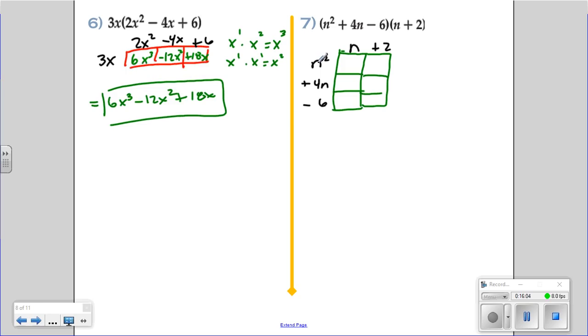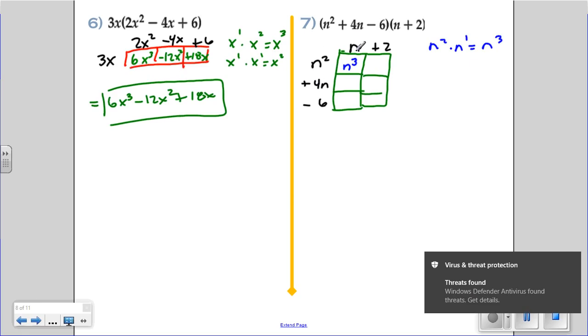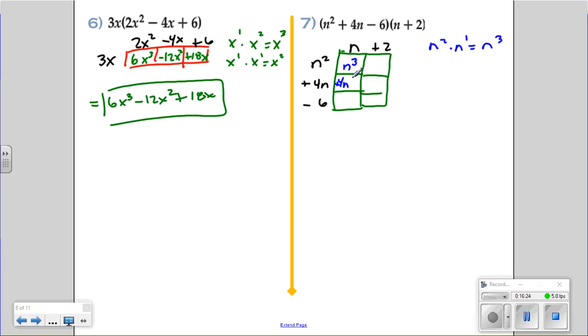So I'm going to multiply n squared with n, and I would get n cubed, again because n squared times n to the first, you add your exponents. Then 4n times n is 4n squared. Negative 6 times n is negative 6n.